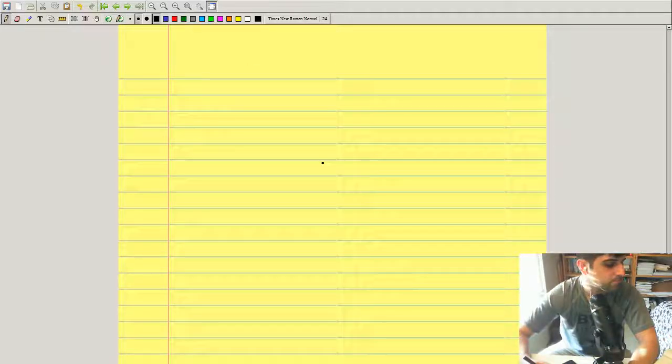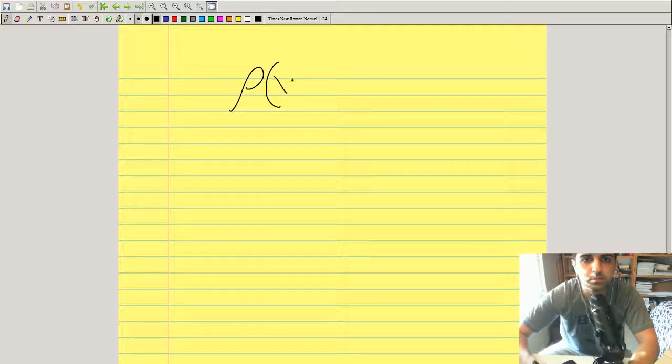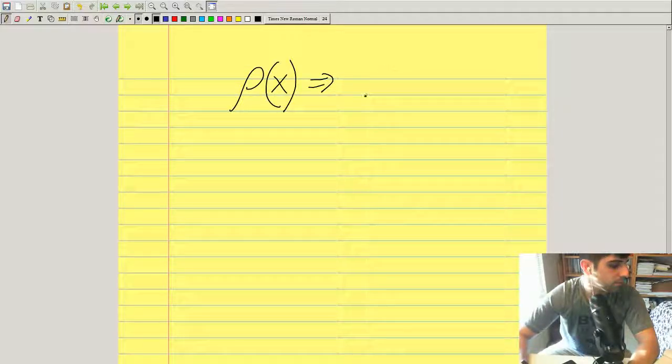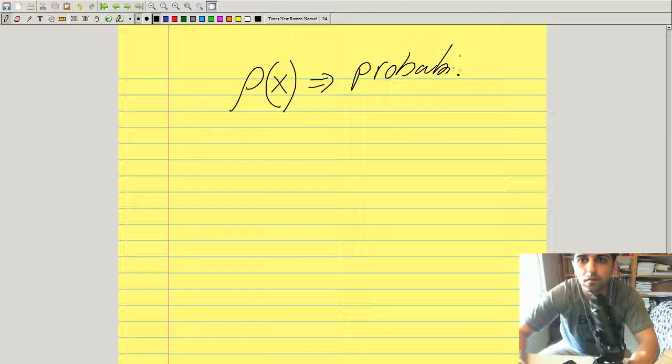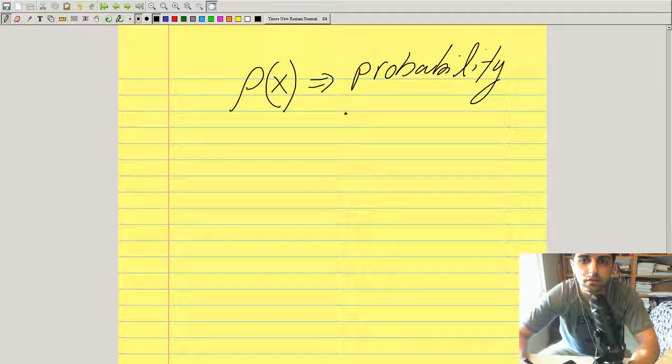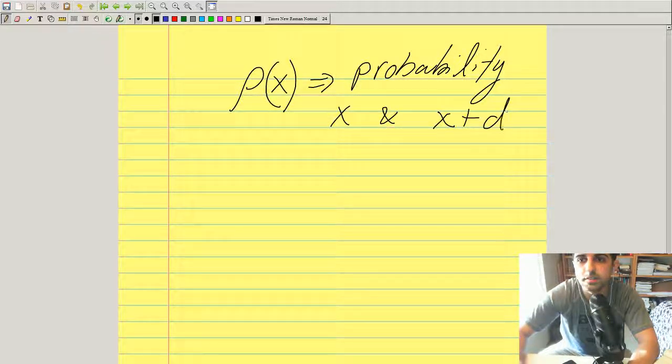So what you do is you form this probability distribution instead. The probability distribution is rho of x, and this is the probability that the individual will be between x and x plus dx, where dx is this infinitesimal element.